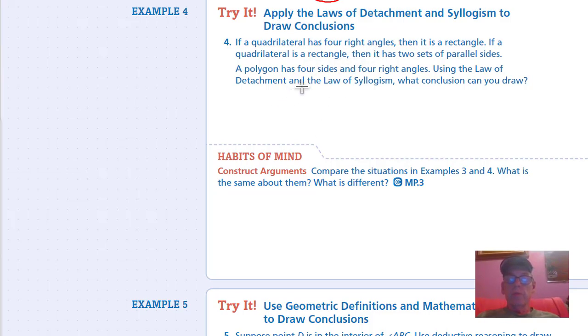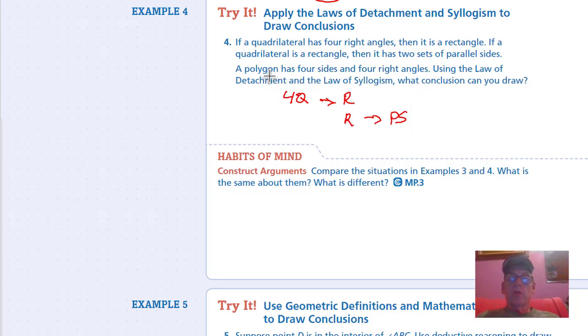So four-sided quadrilateral, so 4Q gives us rectangle. The second one says if a quadrilateral is a rectangle, then it's got parallel sides. So if it's a quadrilateral, which means it has four sides, that makes it a rectangle. And if it's a rectangle, it must have parallel sides.